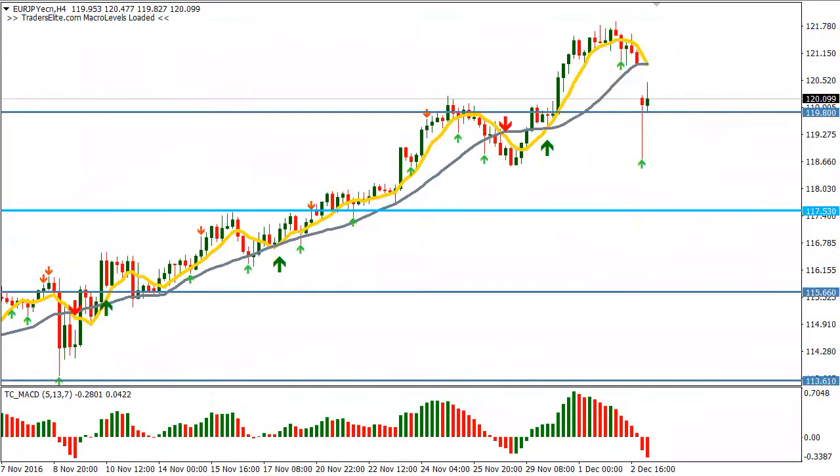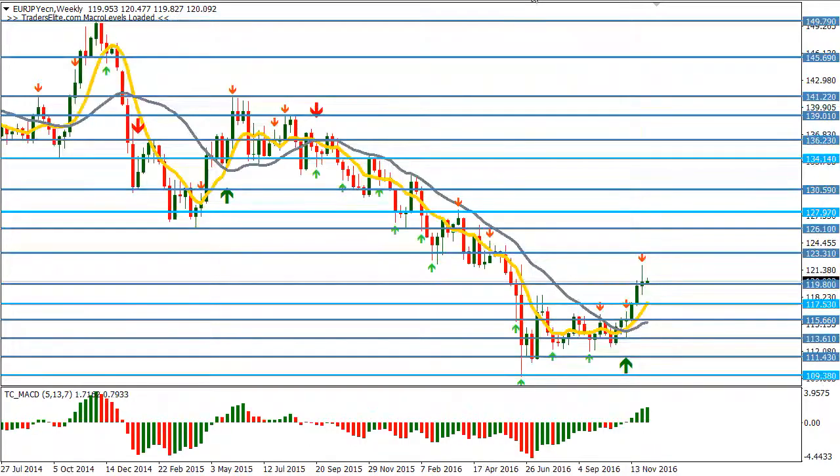On any upward trade. Okay, euro yen, it's having a bit of a struggle. So, we're seeing a new 4-hour much more strongly than we did in the US dollar form here. But again, we've seen support at this 119.80. So maybe wait for the dust to settle, the euro to find a little bit of support. When it does, if it does, then this could be a good opportunity as well, because on the weekly it's up. It's interesting actually to note that we had a weekly price flip at the close of this last week.